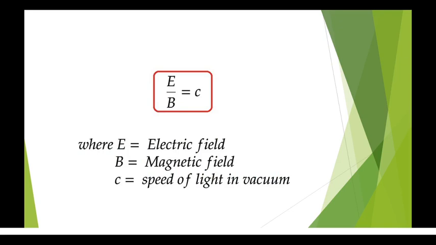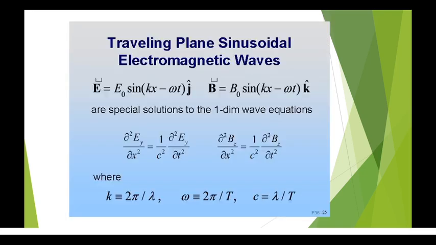Now this is the equation connecting electric field and magnetic field. That is E by B is equal to c. Here E and B are the instantaneous values. In the last slide we had seen that E equal to E0 sin(kx − ωt) and B equal to B0 sin(kx − ωt), isn't it?